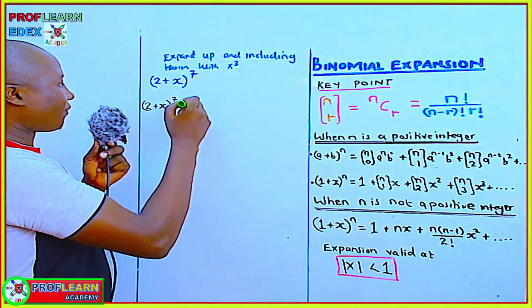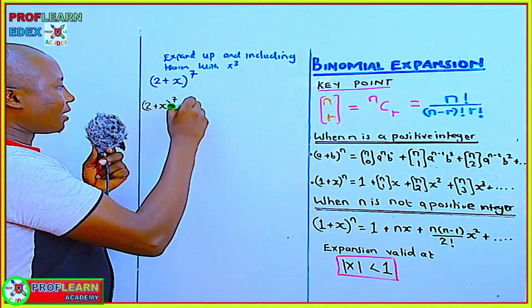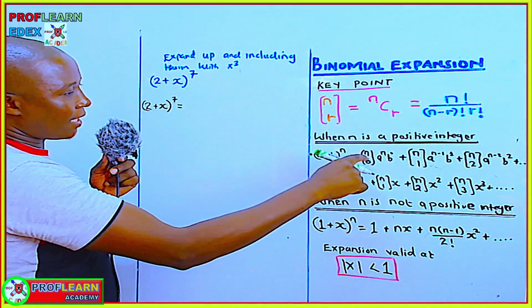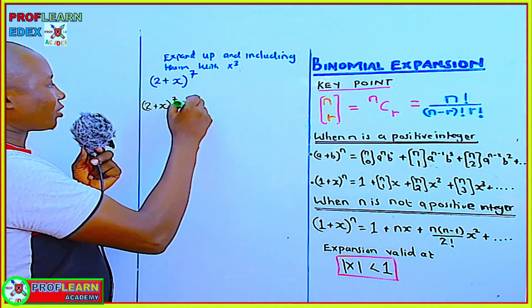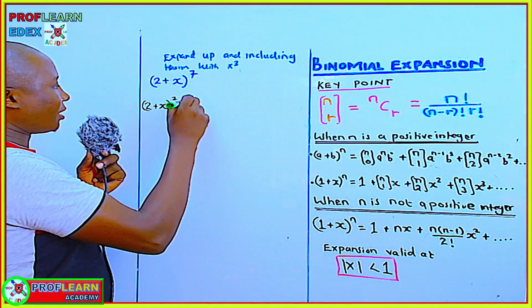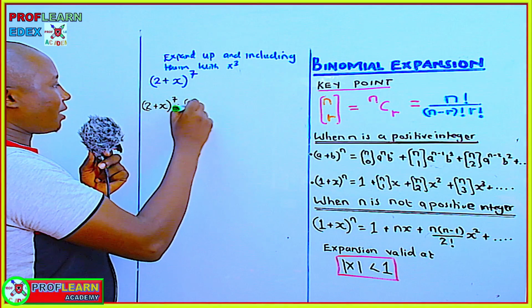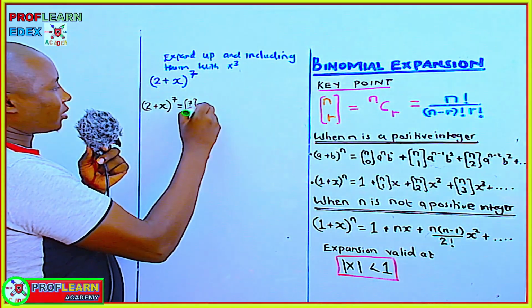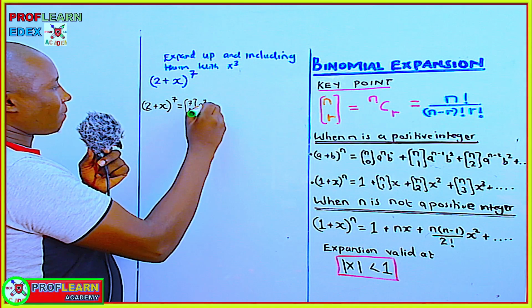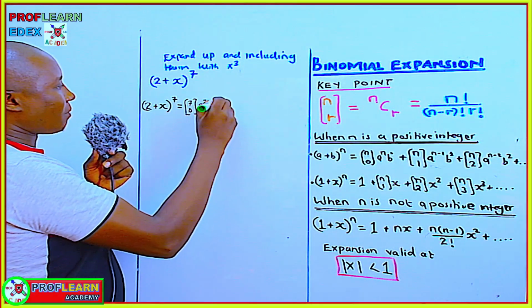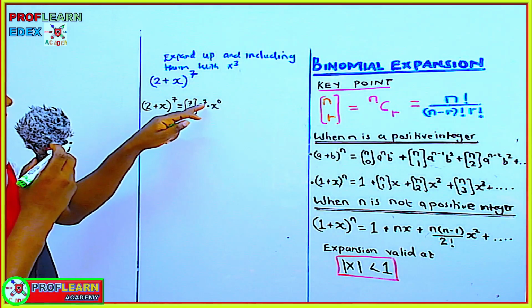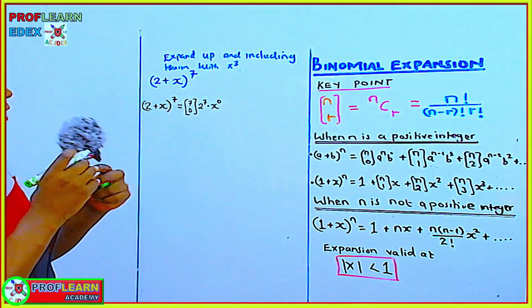So the first term becomes n combination 0, but our n in this case is actually 7, so we say 7 combination 0, then 2 power 7 times x power 0, so that when you add 7 plus 0, you get the same power, 7.